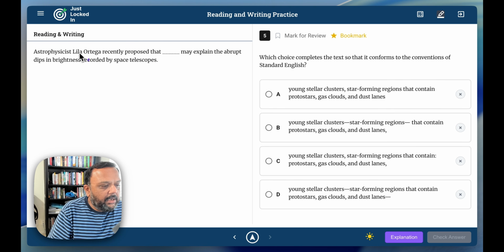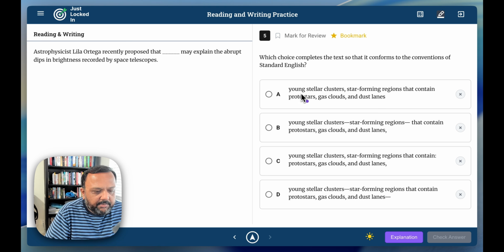Astrophysicist Leela Ortega recently proposed that, there's a big sentence here, may explain the abrupt dips in brightness recorded by space telescopes. Okay, so if you look at these options, let's just pick one. Leela Ortega recently proposed that young stellar clusters, star-forming regions that contain protostars, gas clouds, and dust lanes, may explain the abrupt dips in brightness, blah, blah, blah.